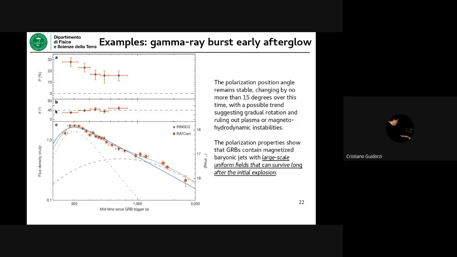And the polarization angle, so how the preferred direction of the electric field is orientated with respect to your reference frame, was fixed, didn't change. I'm not going to tell you why, but all this information is strongly suggesting that there must be a large-scale magnetic field ruling the emission of this gamma ray burst.